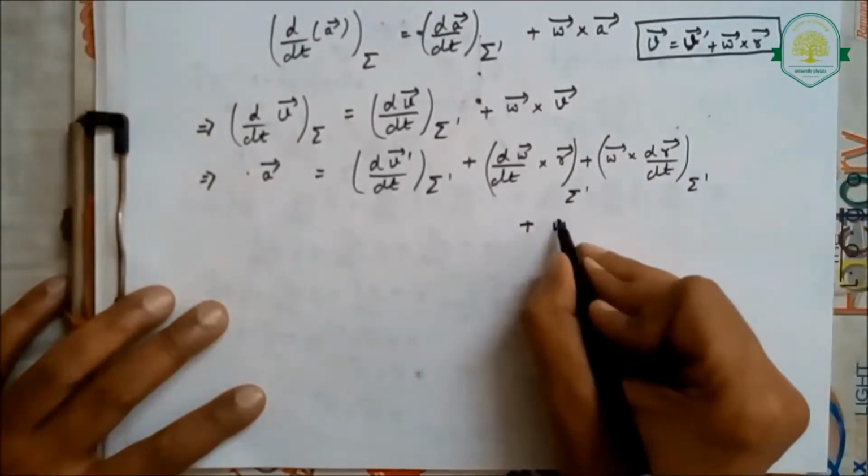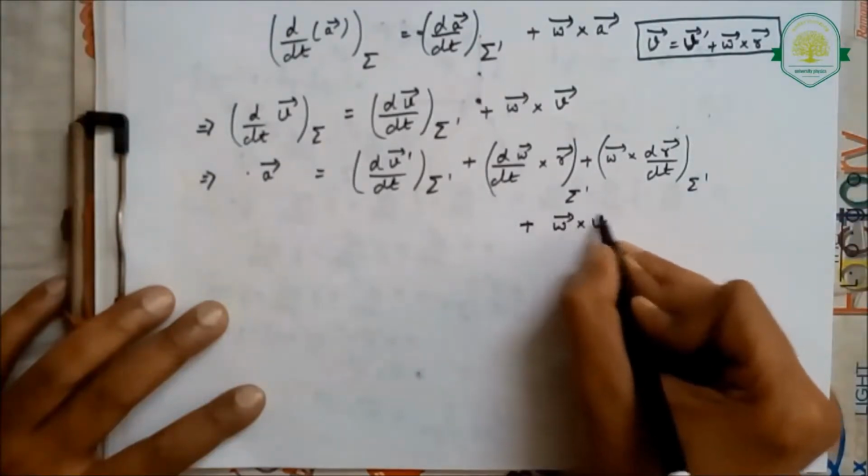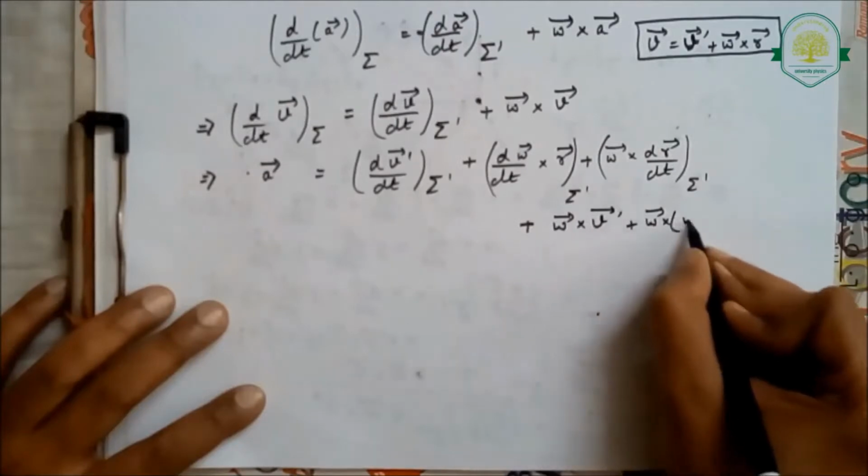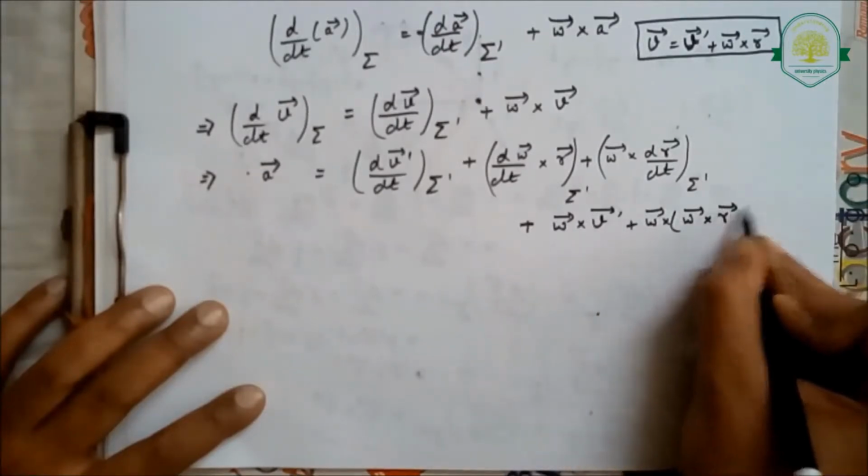If we substitute that, we will get omega cross V primed plus omega cross R.